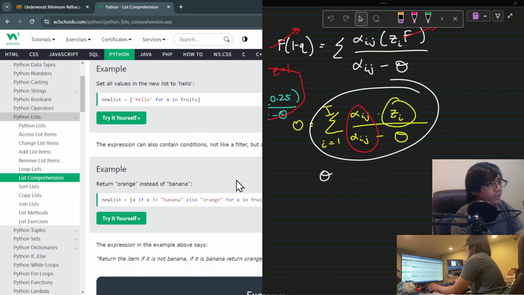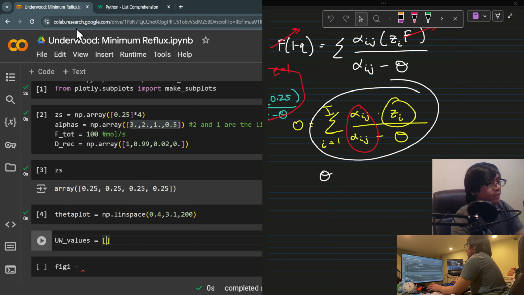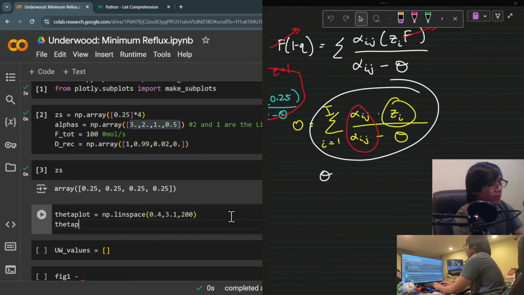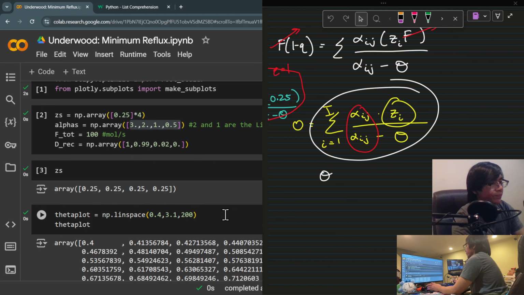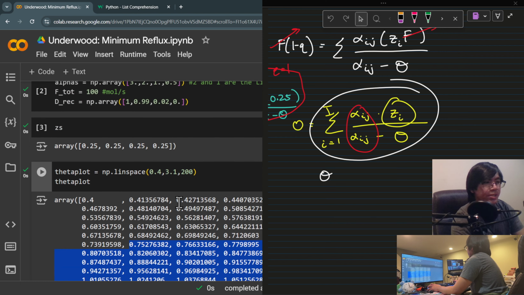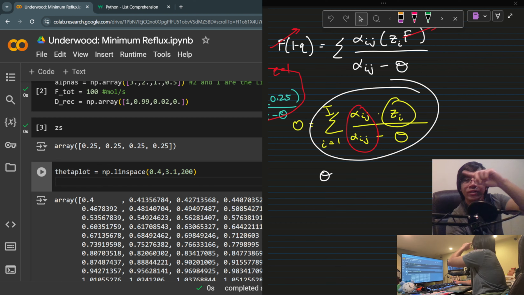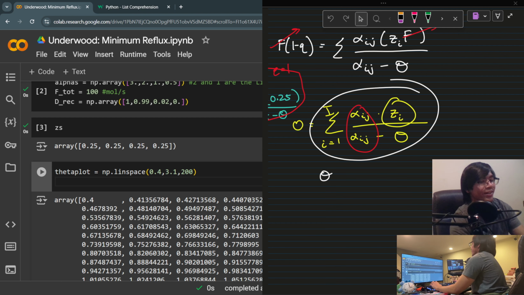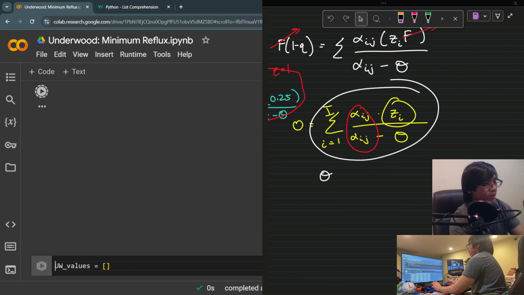In our case, we'll be doing it for a list, kind of looping a list of our theta values in theta plot. So if you see all our thetas in theta plot, quite a number, 200 of them. So we'll be plugging all of these into our equation. Here, right there. We'll be plugging those with our list comprehension.